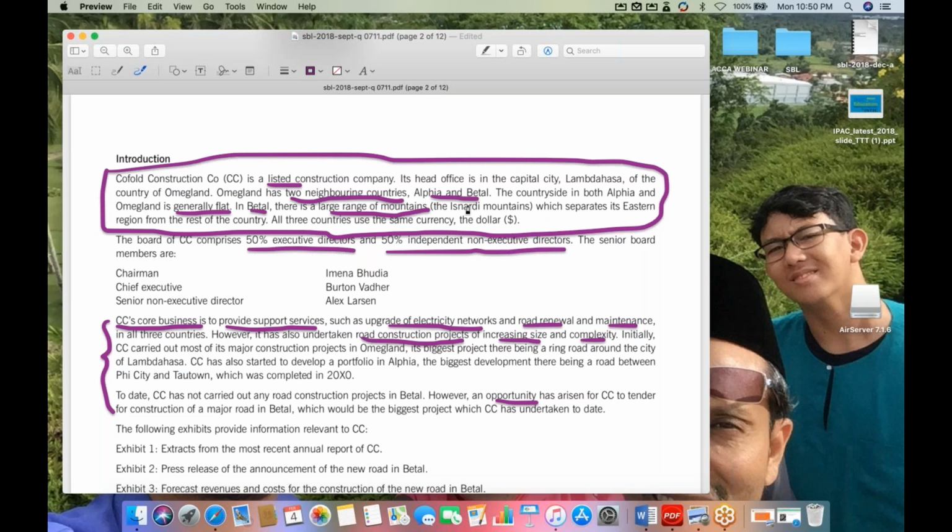Whereas Alfia and Omeglon are actually a countryside that is generally flat. So for Omeglon to expand in Alfia, it wouldn't be much of a problem because of the similar nature in terms of the geographical factors.